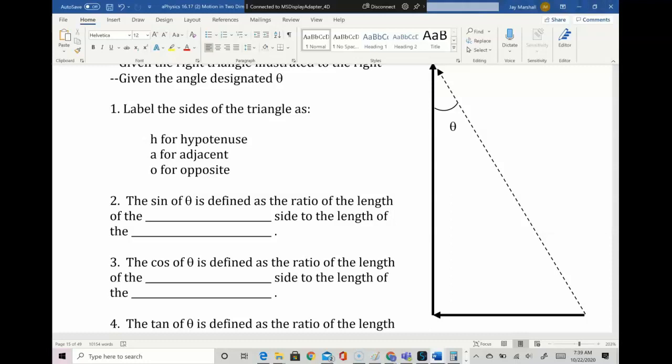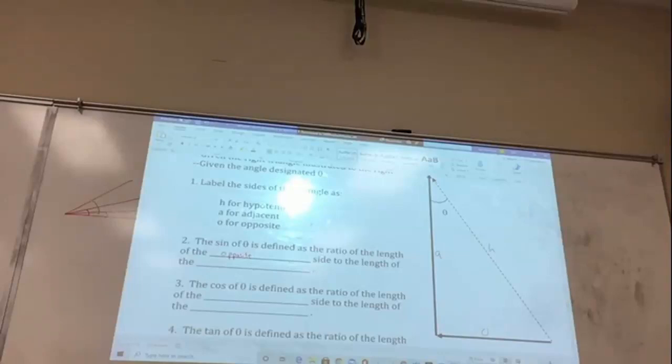And we've already defined the sine of theta as the ratio of the length of the opposite. That we're supposed to have. Yes. I don't think it passed. That would be helpful. Yeah, just a little bit. Perhaps. And you waited that long to tell me?